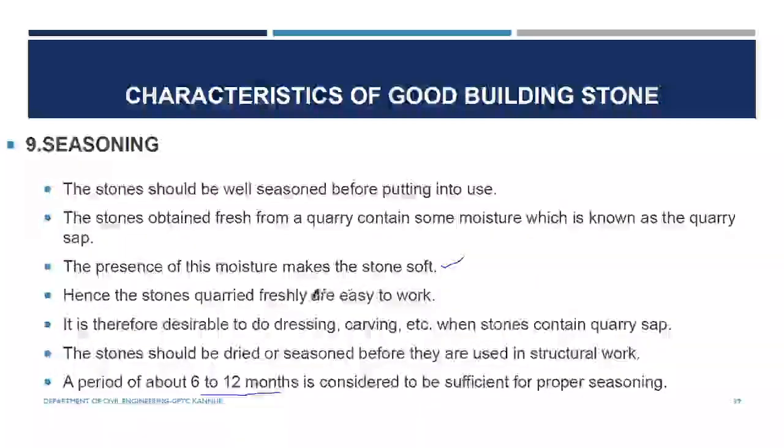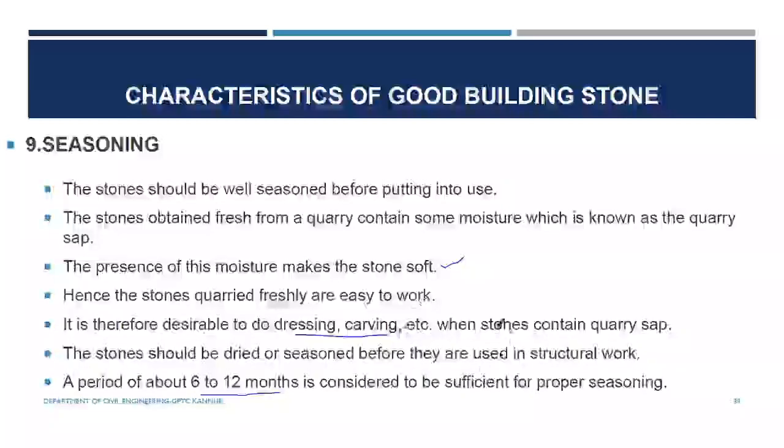That is a very important point. Since it is very soft, it is very easy to work. So it is desirable to do dressing, carving, etc. as soon as fresh stones are obtained from the quarry. If you want to do some architectural work, you can do carving.